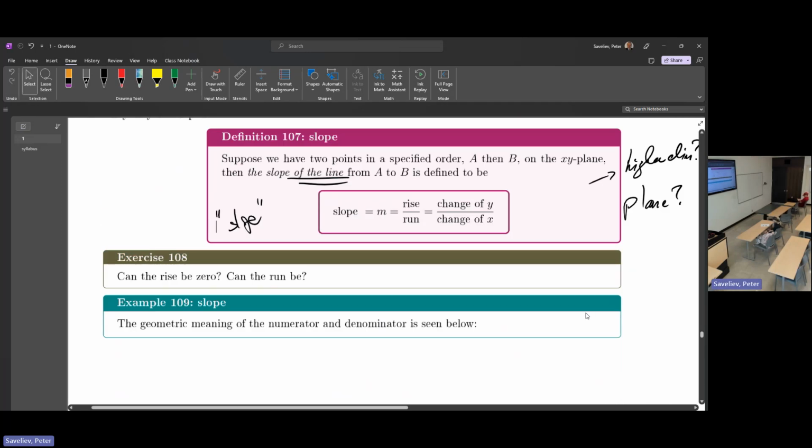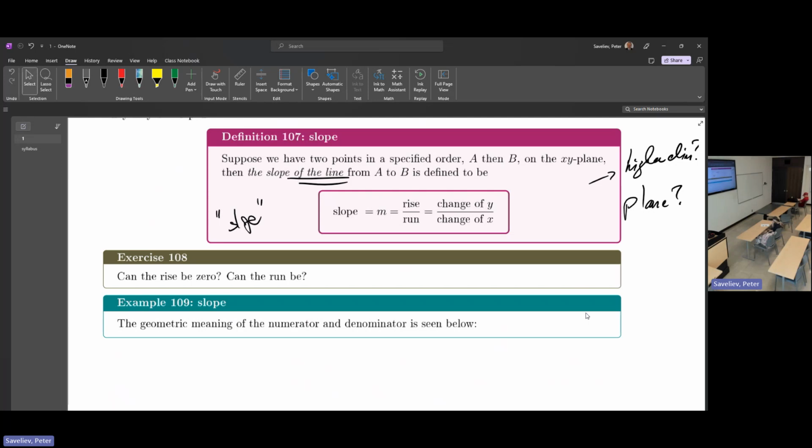But the problem here is, can you characterize a plane with one single number for sloping? Why not? Because you would have to look at multiple directions, right? You can have one slope in this direction and a different slope in that direction. In fact, you have infinitely many directions.